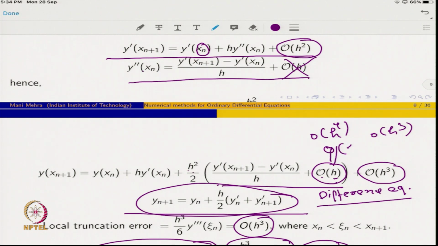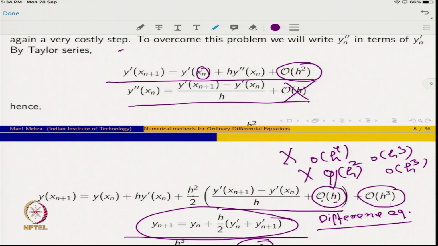Or if it would have been of order h and this would have been of order h square and h cube, we want to retain the same order, okay, not this, not this. I will explain later why not, okay. But right now I wanted to retain the same order, that is why here we have retained only 2 terms of the Taylor series, and after that I will neglect this as an error.